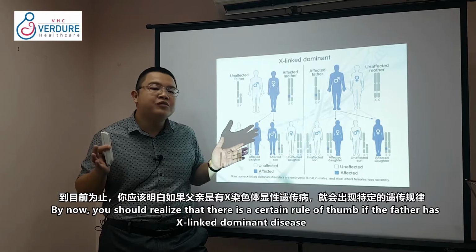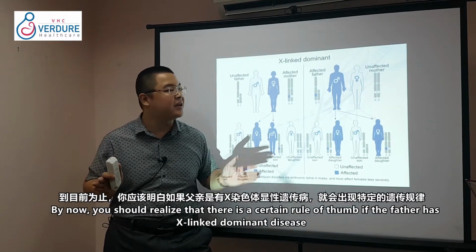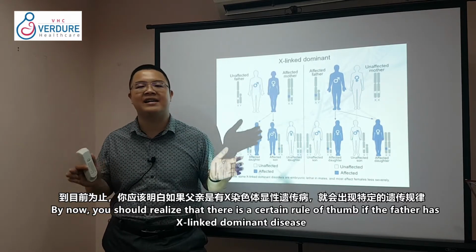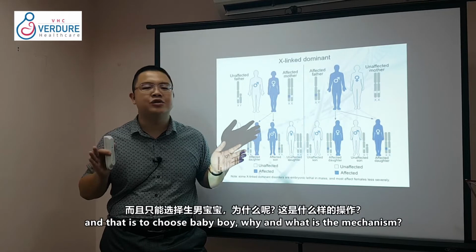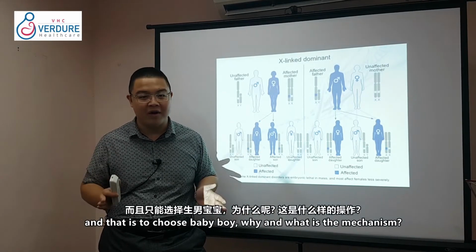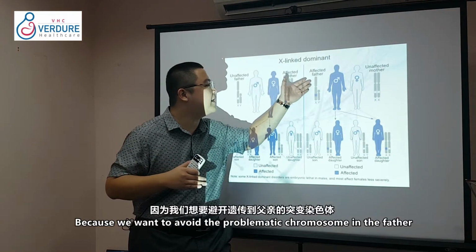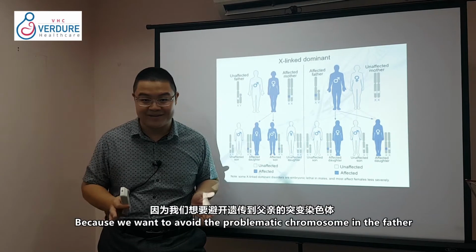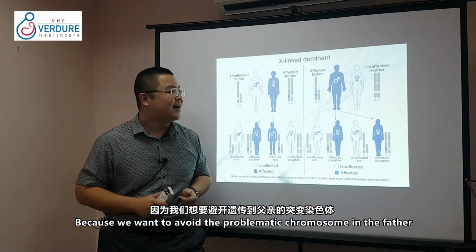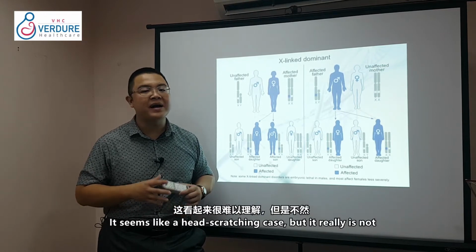So by now you should realize that there is a certain rule of thumb if the father has an X-linked dominant disease, and that is to choose baby boy. Why? What's the mechanism? Because we want to avoid the problematic X chromosome in the father. Alright, so it seems like a head-scratching case, but it really isn't.